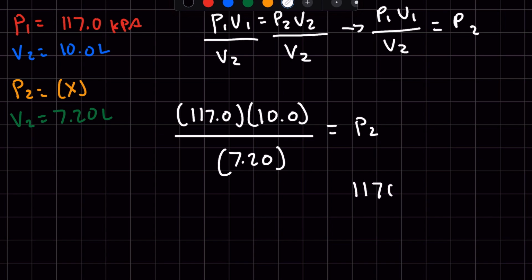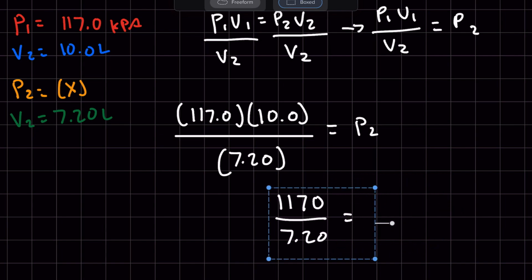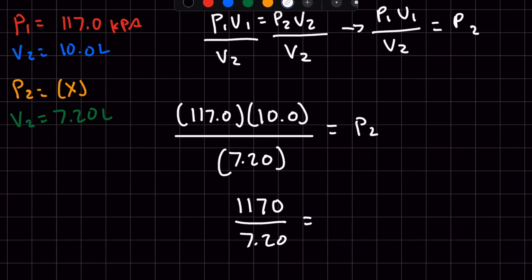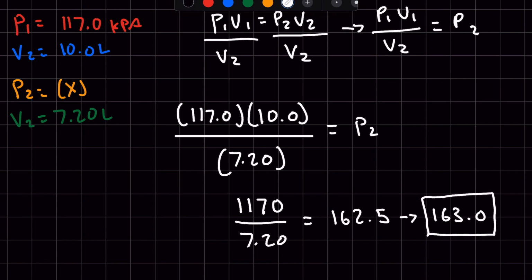And we still have to divide that by 720. And if you just do that really quickly, that's going to give us a P2 that equals 162.5. And then the initial question asks us for 3 sig figs, so we can just go ahead and put 163. And that's our final P2. And that's how you do the Boyle's law problem.